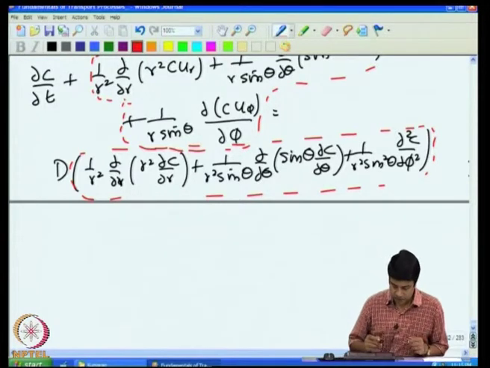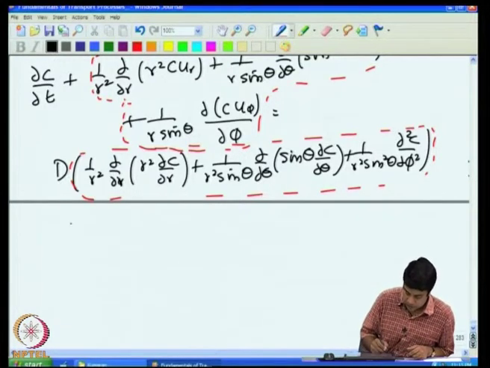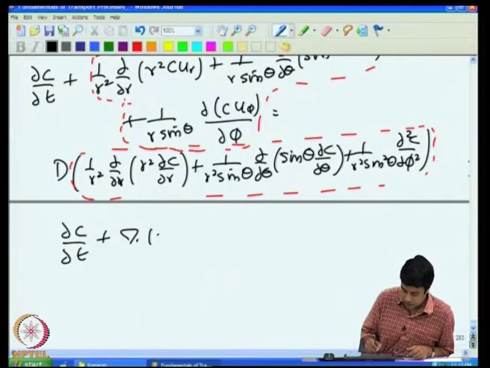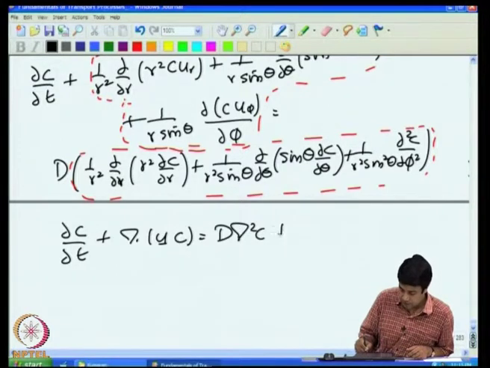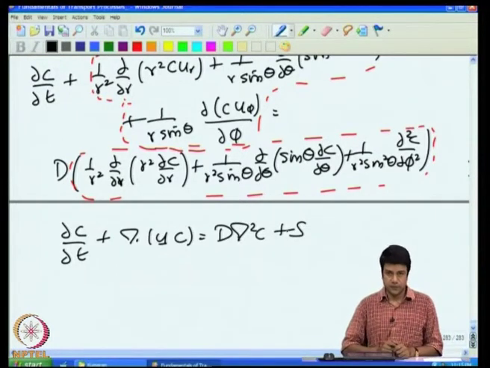We then derived the more general equation that I just showed you, of the form dc by dt plus divergence of u c is equal to D del square c plus any sources or sinks.